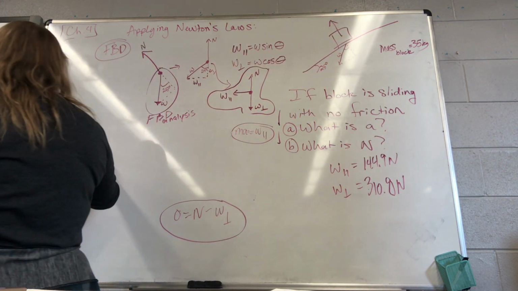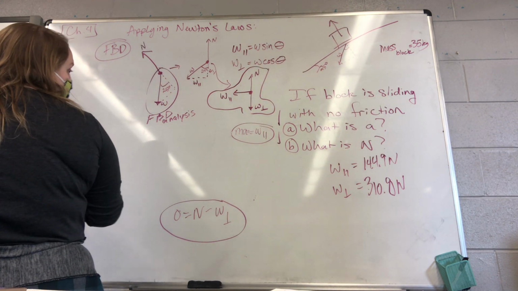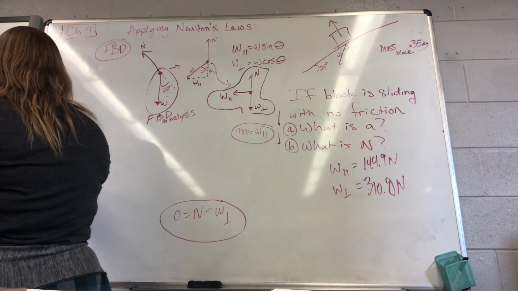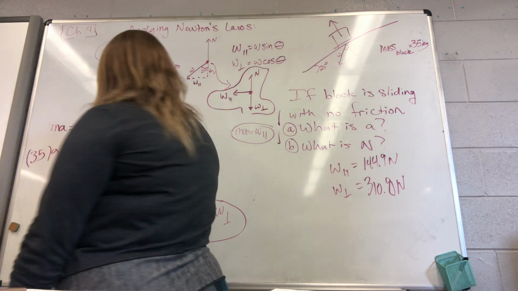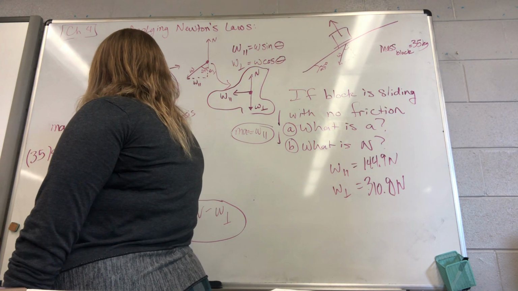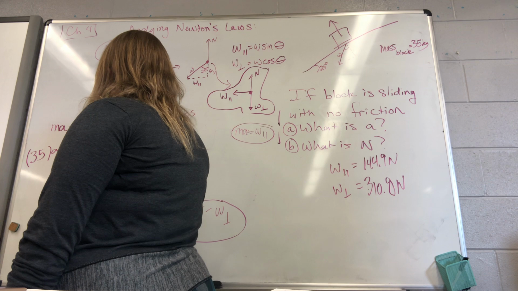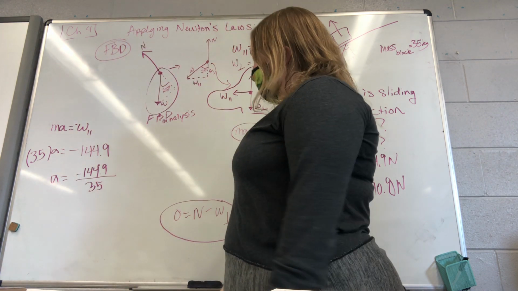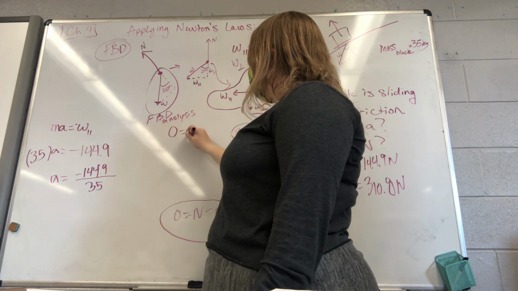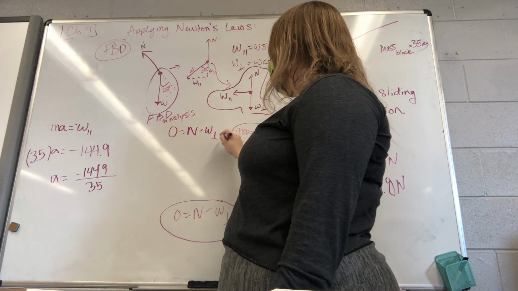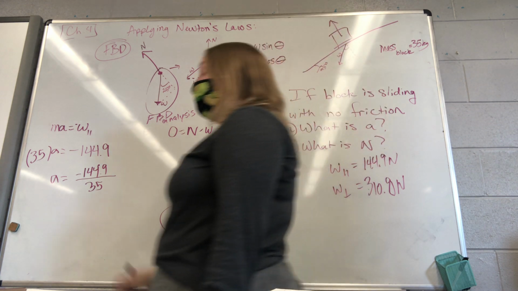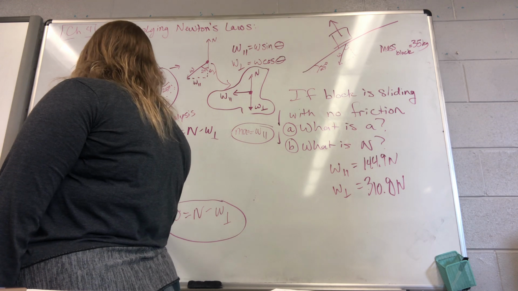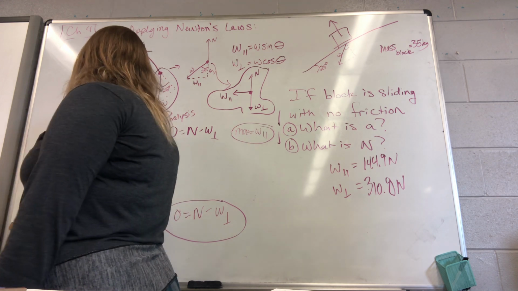So we're going to do negative 144.9 equals a times our mass, which is 35. What do we get for this one? And don't forget that the unit is meters per second squared.